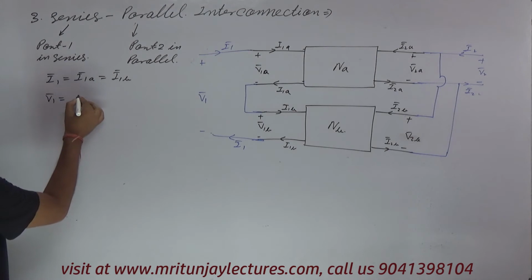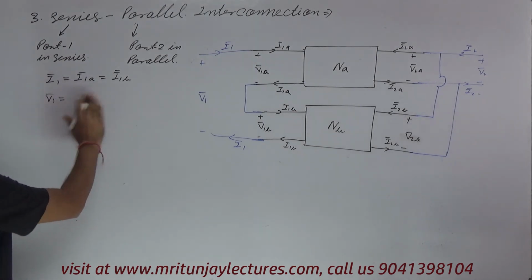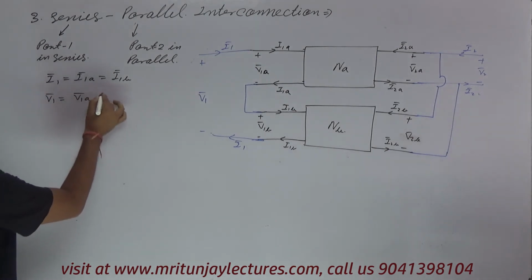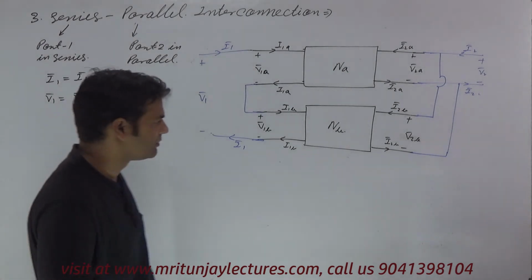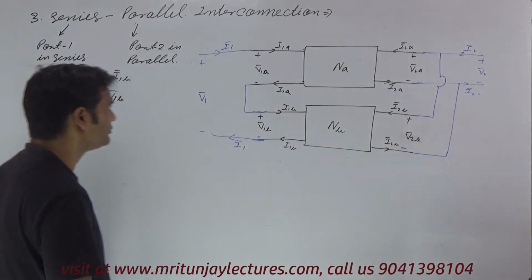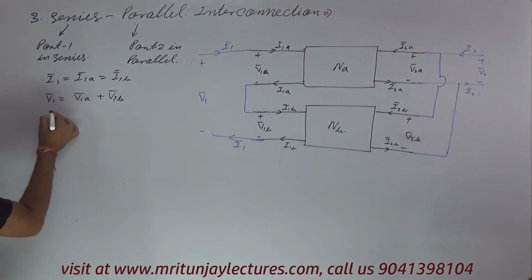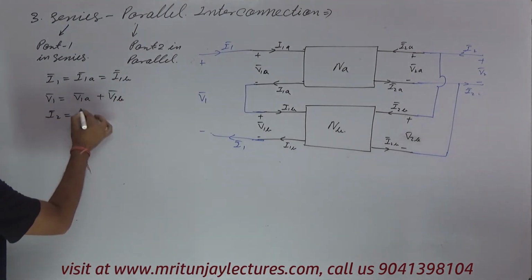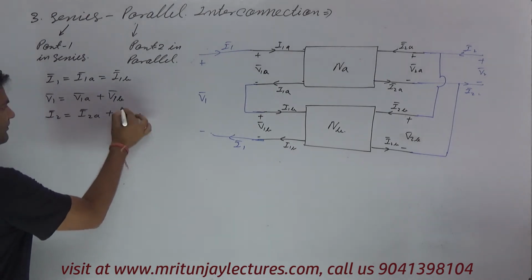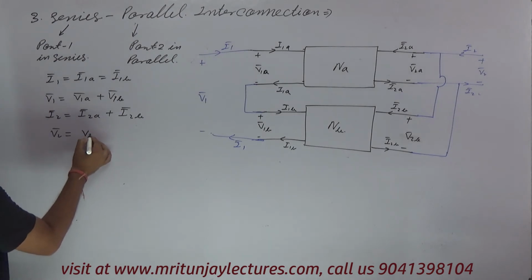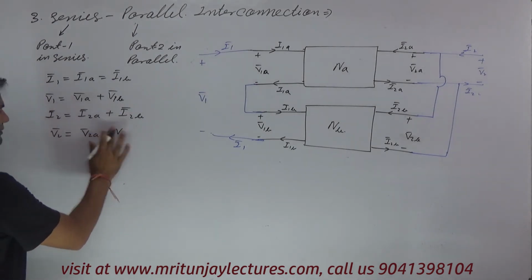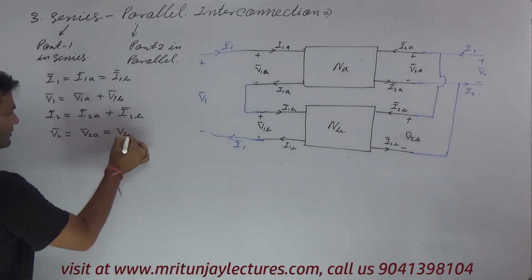V1 is written as V1A plus V1B corresponding to port 1. Now corresponding to port 2, I2 is written as I2A plus I2B and V2 is equal to V2A, which is equal to V2B.